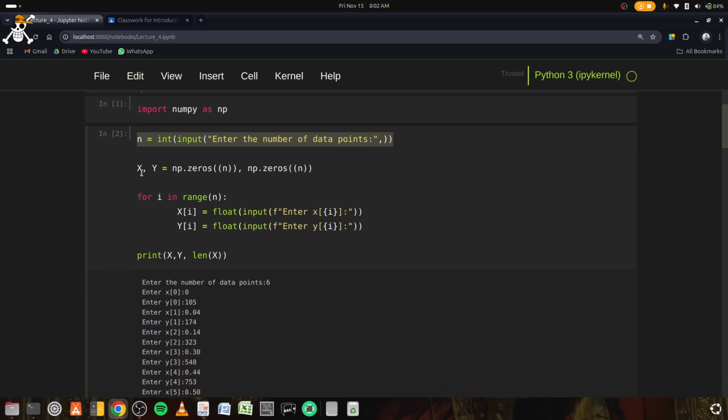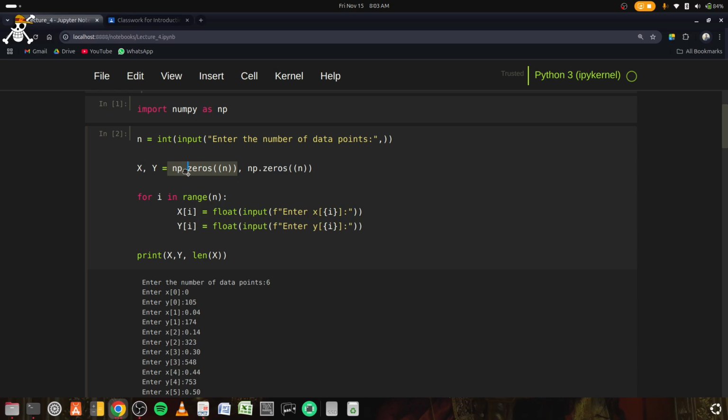Then we are creating the x and y data values. Suppose in our experiment, x was current and y was magnetic field, right? So in this step we are creating a set of empty arrays.